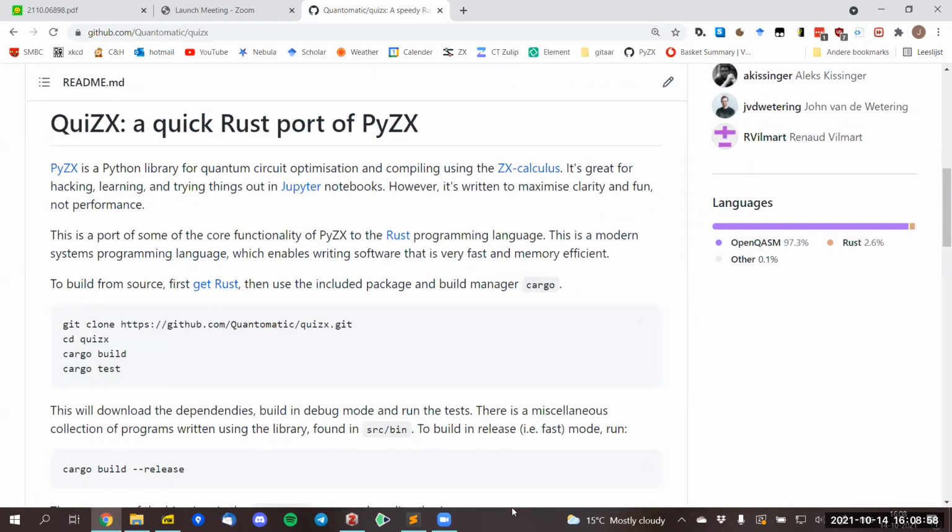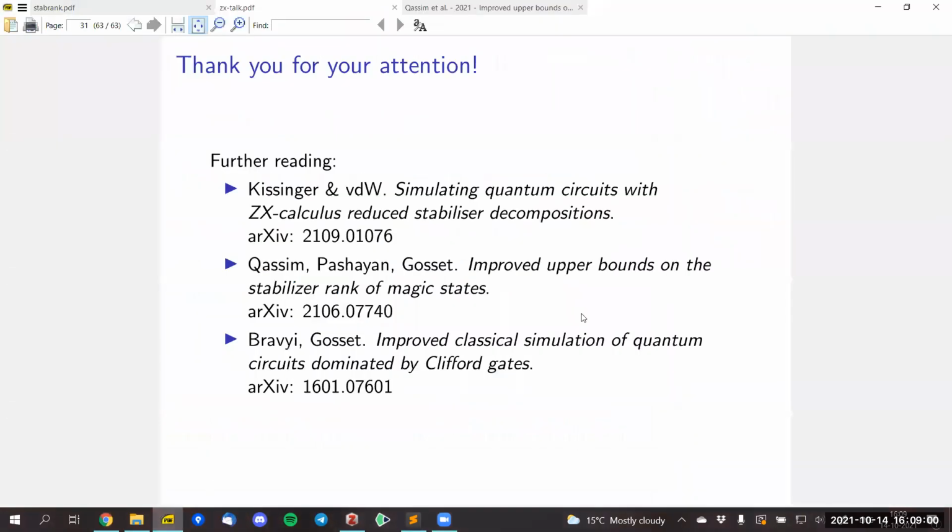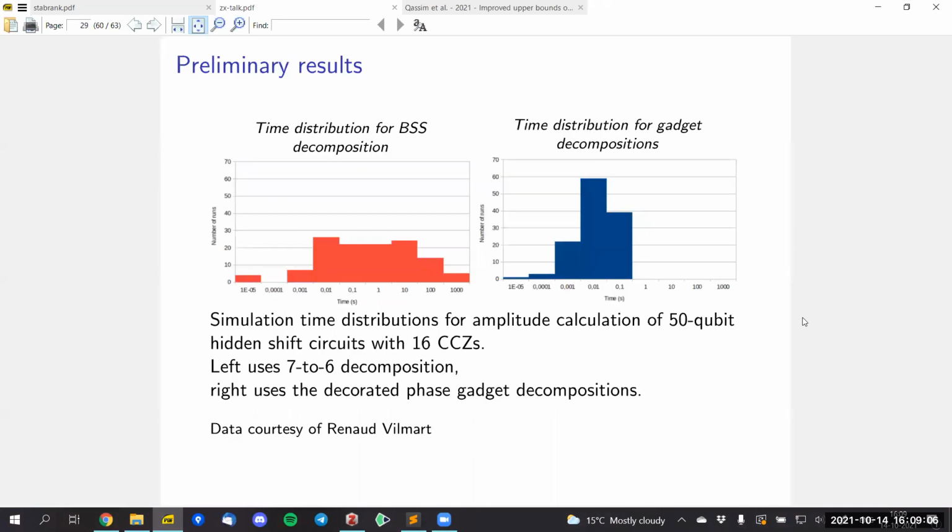In general, what's the performance difference between the tensor network methods and the stabilizer decomposition method? In general, which one is better?